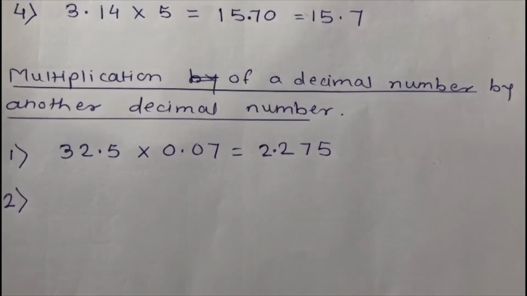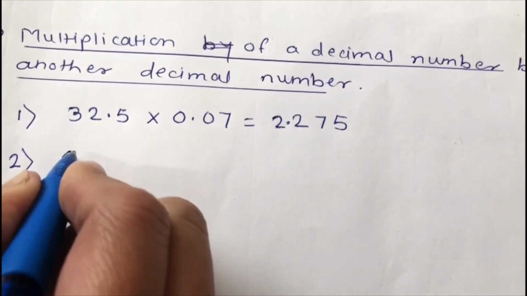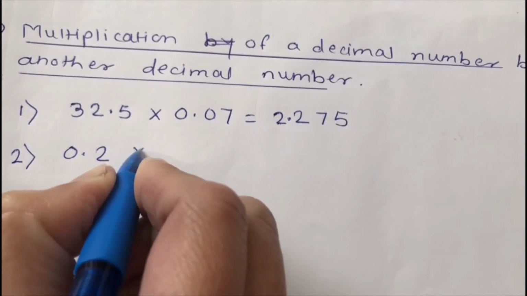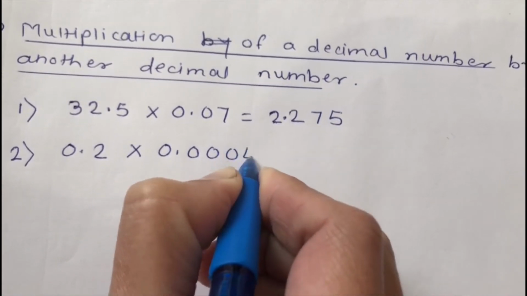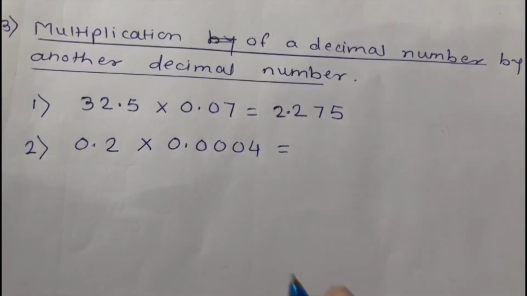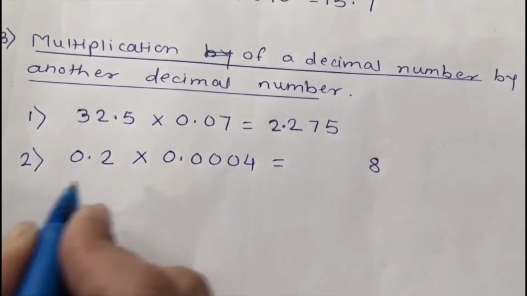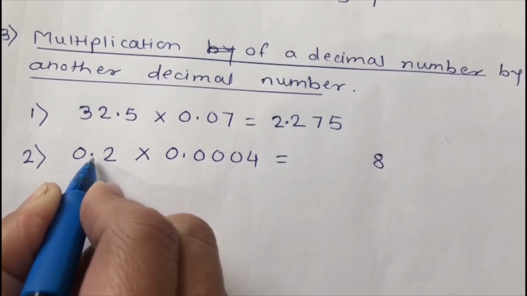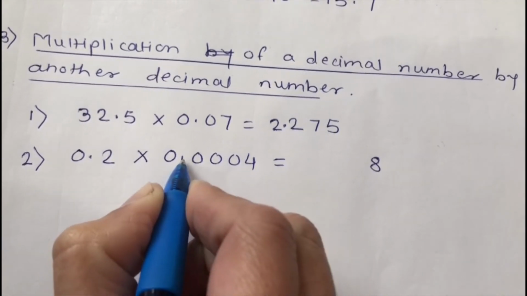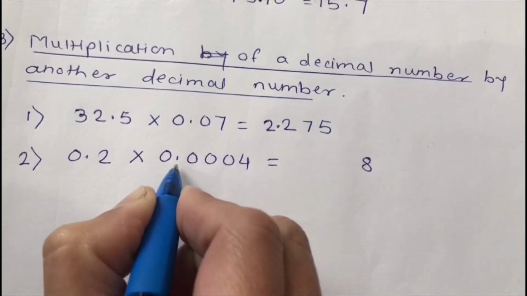Let's take another example. 0.2 times 0.0004. So 2 times 4 is 8, and here the decimal point is after 1 digit from the right, and the decimal point is after 4 digits from the right.